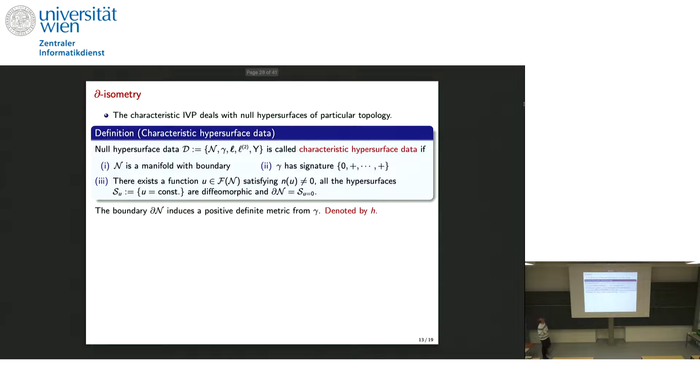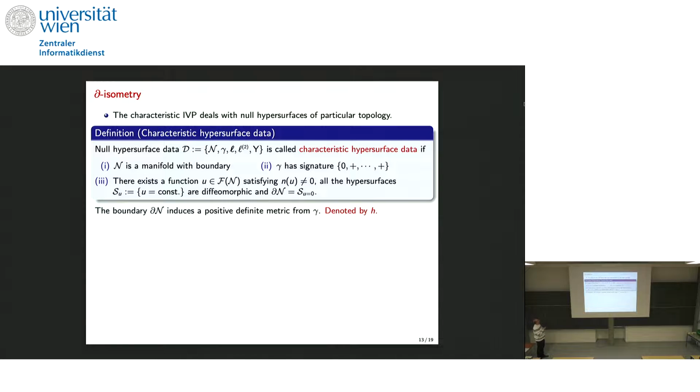Okay, so in order to deal with this characteristic initial value problem, I need to restrict myself to a certain topology, because this by construction has topology S cross R. And this is what this is telling you.